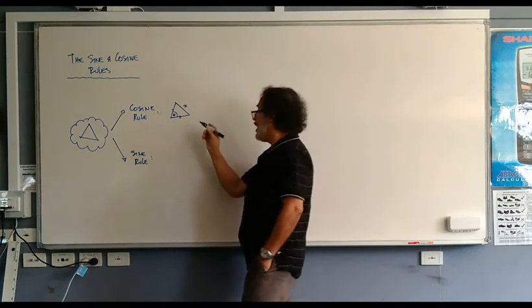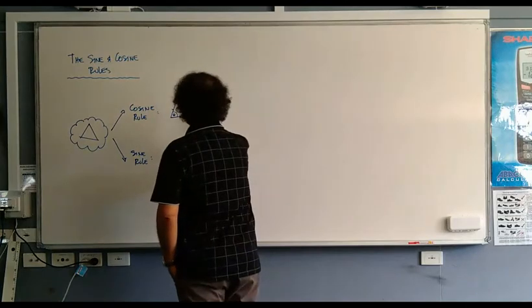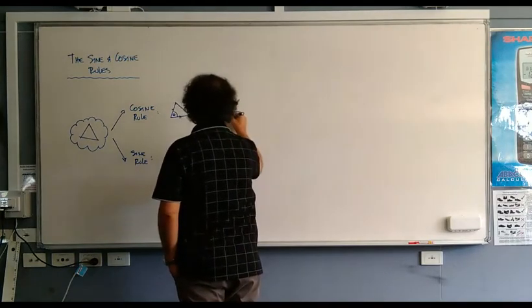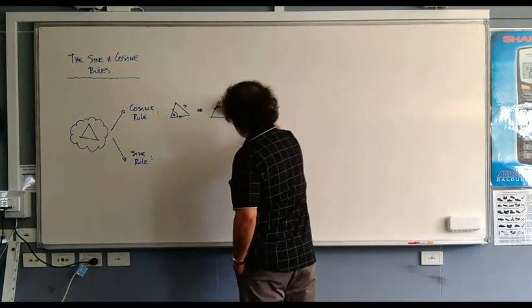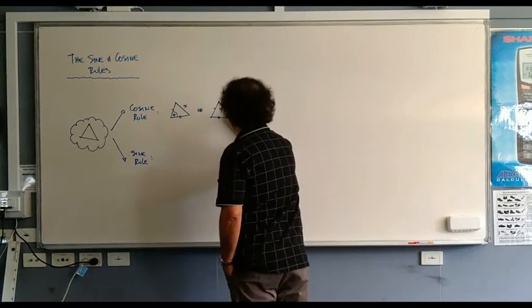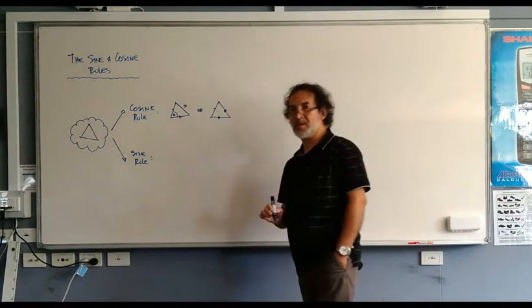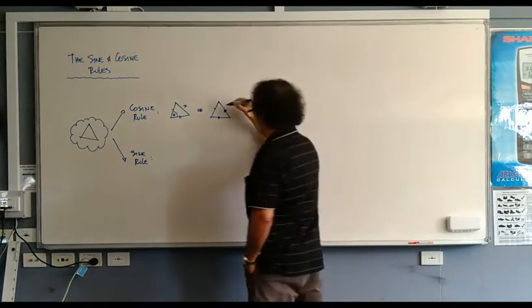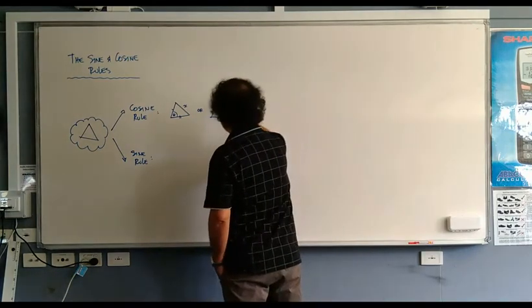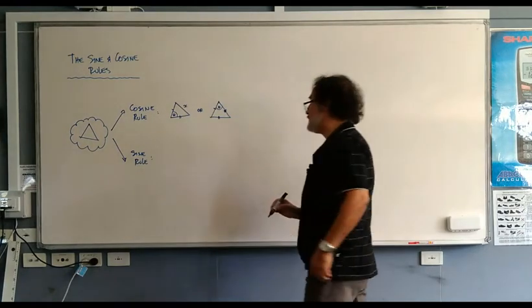The other case is when all sides are given, and you really want to find one of the interior angles. Let's say that you want to find theta in that one.